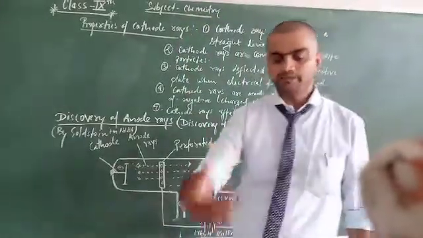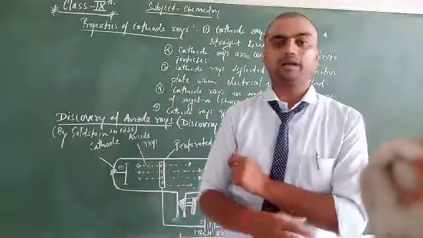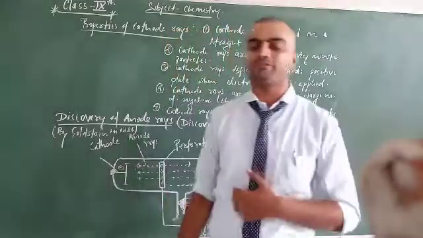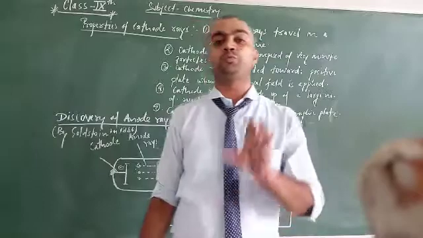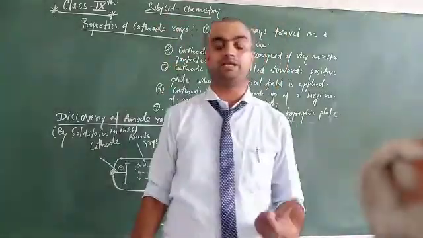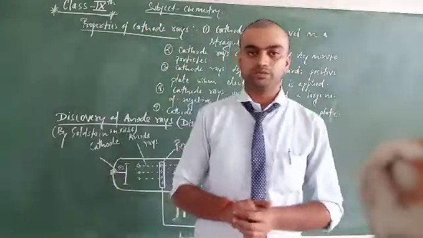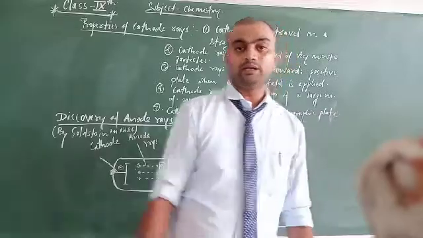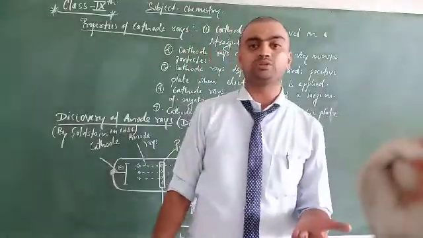Now again I just want to repeat that the cathode rays were discovered by Julius Plucker in 1859, then Michael Faraday and many other scientists also performed the same activity to prove that the cathode rays originate when electric current is passed through the gases enclosed in the discharge tube. Clear? So I just want to say that after all, when the cathode rays were discovered, no one said anything about the electron.